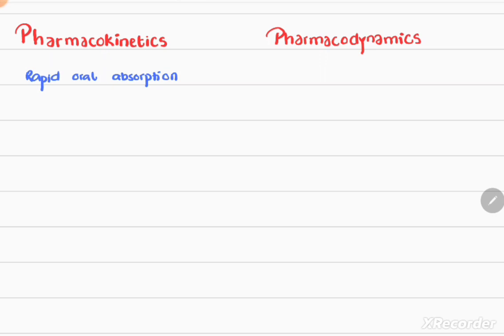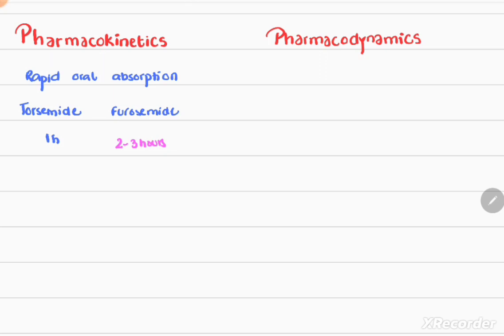The onset of action or the peak effect of these ranges from 1 hour to 3 hours. For torsemide, the peak effect occurs in 1 hour, and for furosemide, the peak effect occurs in approximately 2 to 3 hours.